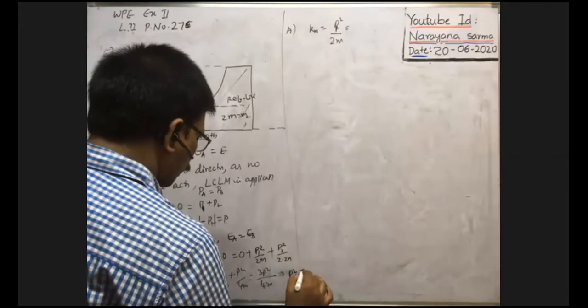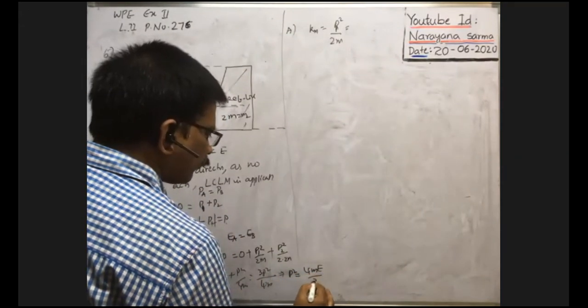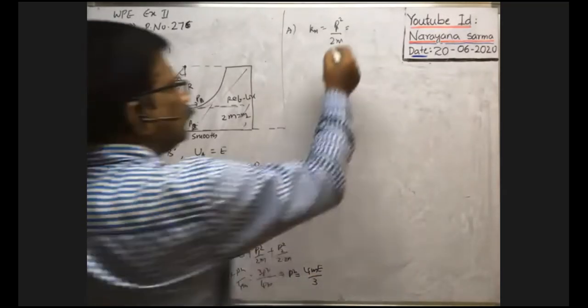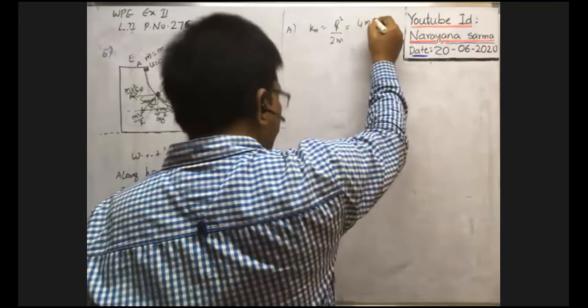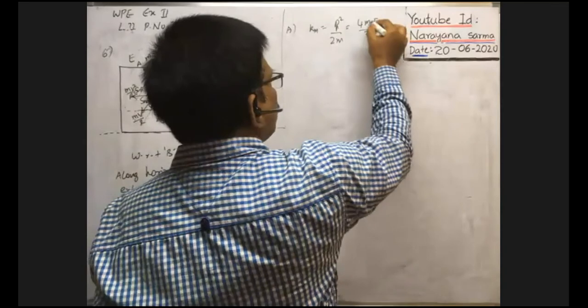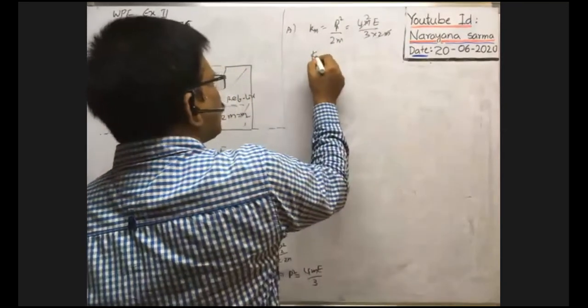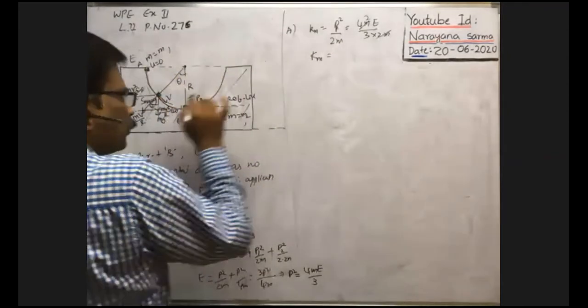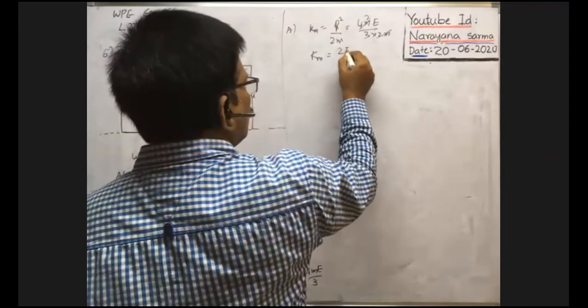P squared is equal to 4me by 3. So p squared means 4me by 3 by 2m. Therefore, kinetic energy of the mass m whenever the particle reaches this position is Km equal to 2e by 3.